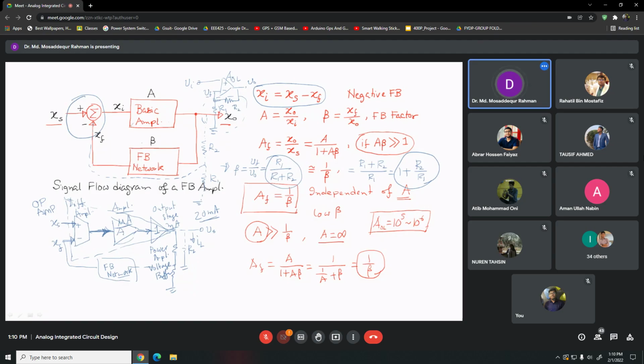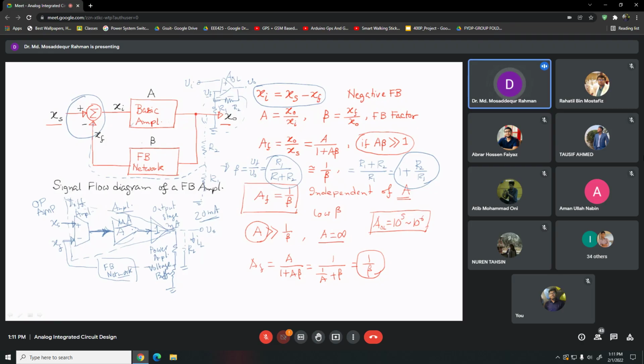But in the amplifier in the op-amp that amplifies the voltage, the current is kept in the microampere range. Otherwise the power consumption will go too high, and that will increase the temperature, and a lot of heat will be dissipated, and that will deteriorate the performance of the chip and reduce its lifetime.